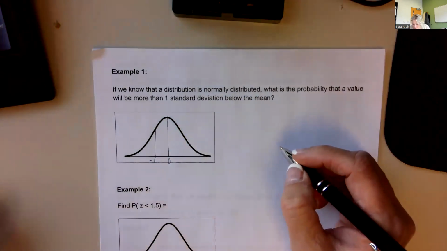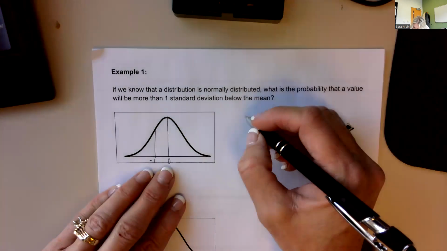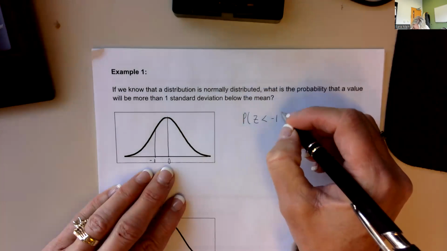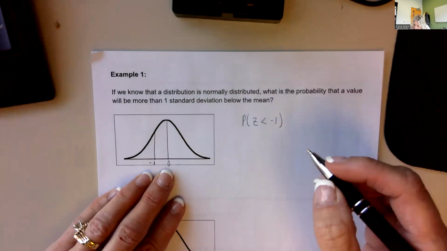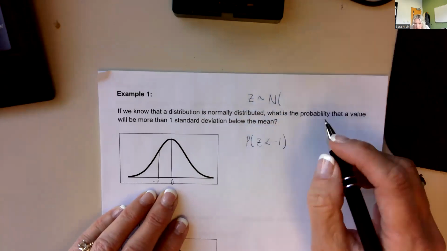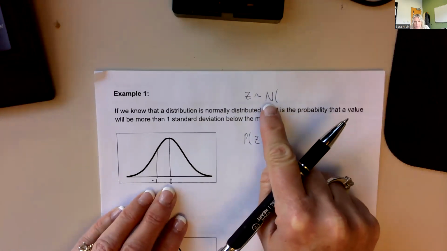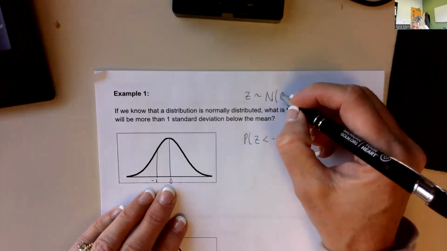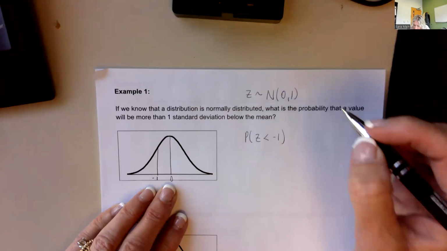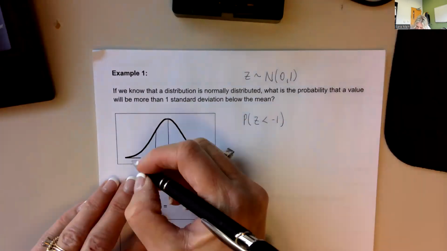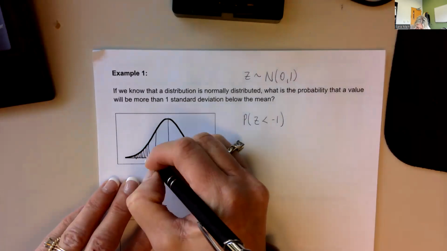And I am going to put, this is the probability of z being less than -1. And z is normally distributed. Remember back in chapter 4, we did b for the binomial, but now we're using n for the normal. And the mean for the z is 0 and the standard deviation is 1. And so I am looking at this shaded area.